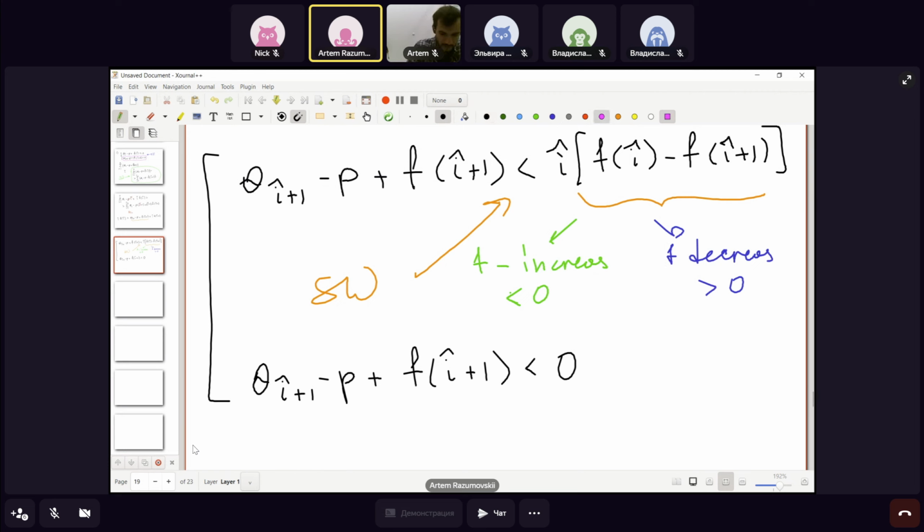So this is the social welfare, and this is Nash equilibrium. So which restriction is more strict than function increasing and then function is decreasing?